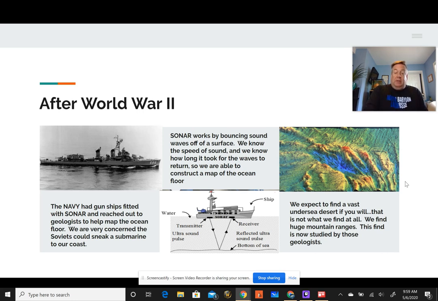Once we discover this, and it's not just in one area, it's all over the place in the ocean, these scientists start to study the ocean floor because this is a weird discovery. It didn't line up with what we thought should be there. Okay, so we look into it.